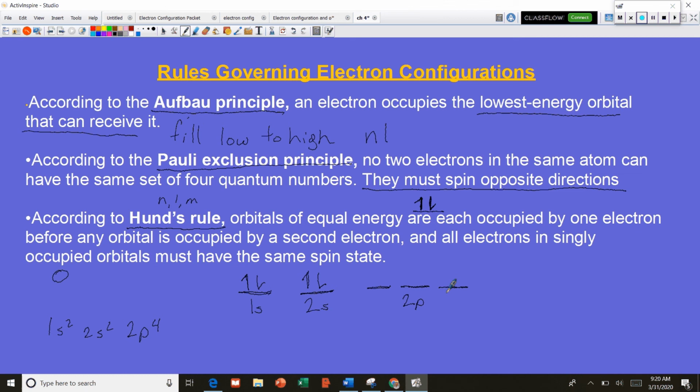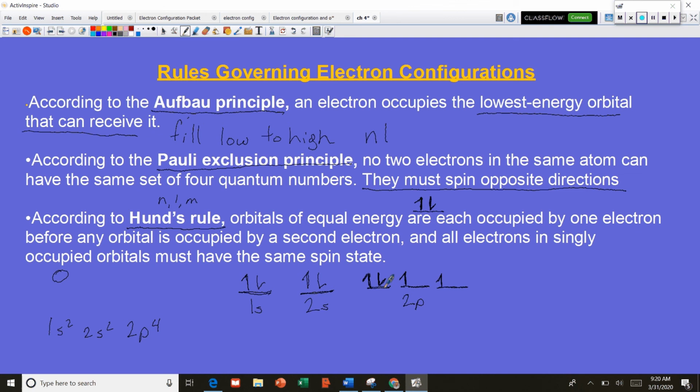All right. Now, I have 4 electrons. So I'm going to follow Hund's rule. All of these are equal energy. And so they're going to be occupied by one electron first, and they're all going to be spinning the same direction. All right, now that's 3. And so my fourth one, I'm going to come in and fill it in here.